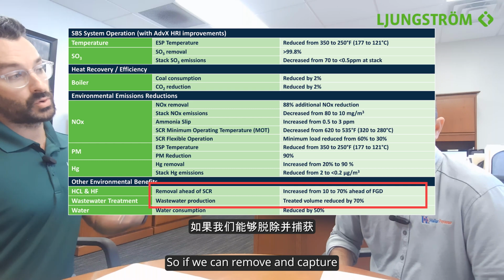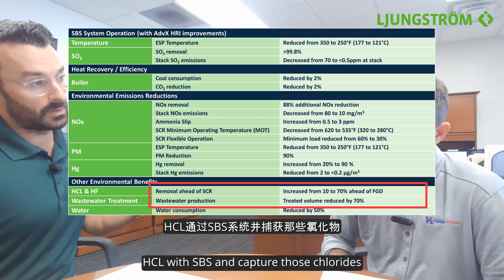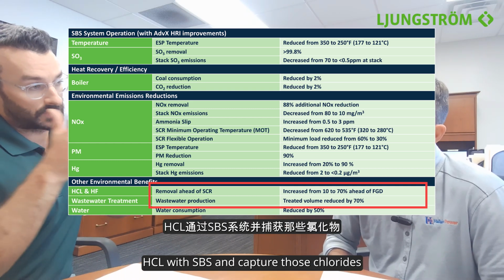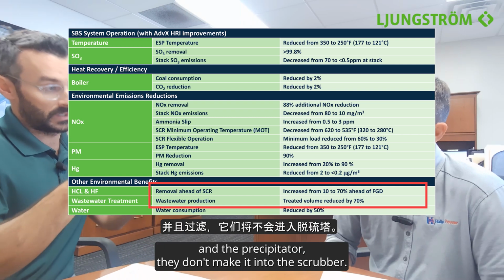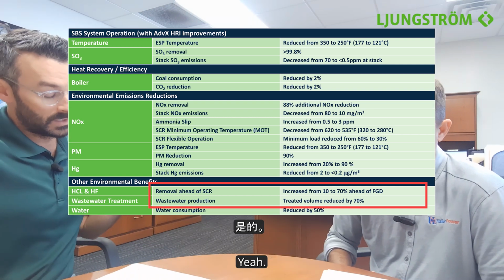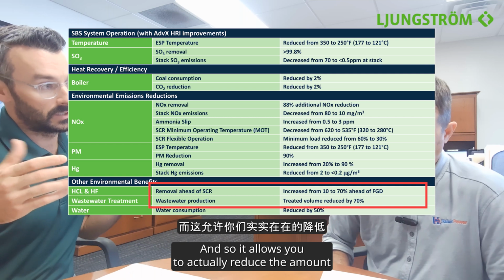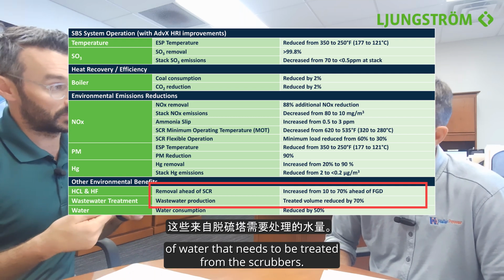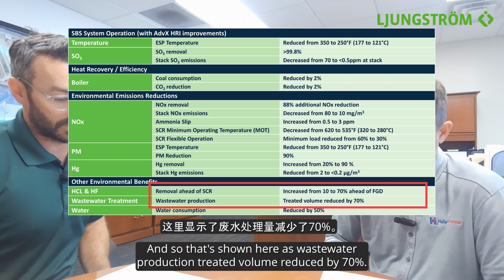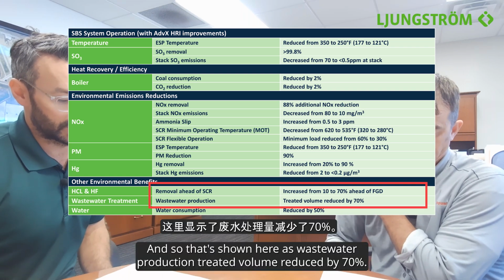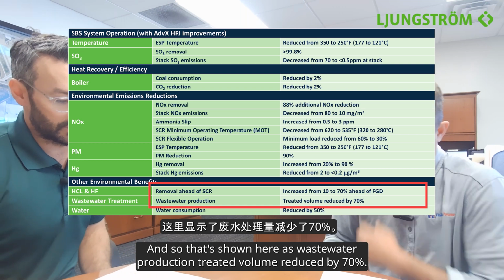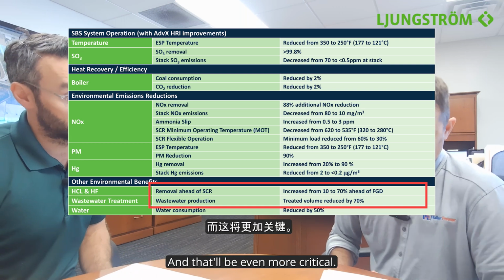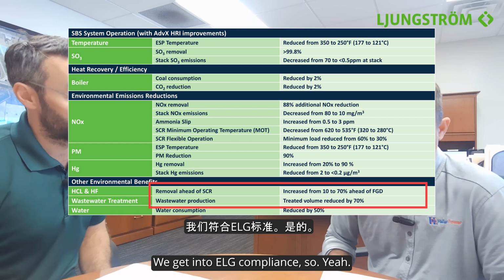So if we can remove and capture HCl with SBS and capture those chlorides in the precipitator, they don't make it into the scrubber. And so it allows you to actually reduce the amount of water that needs to be treated from the scrubbers. And so that's shown here as wastewater production treated volume reduced by 70%. And that'll be more critical when we get into ELG compliance.